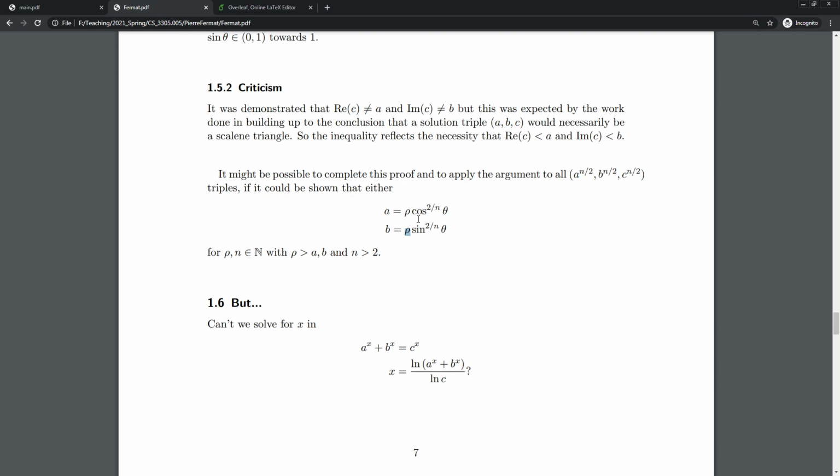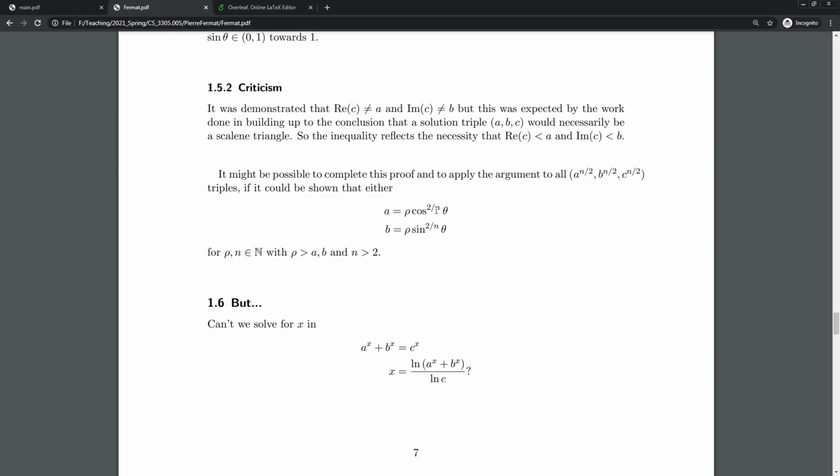And so we know, because the theorem has already been proven, that at least one of these is going to be either a fraction, which does not divide rho, or more than likely an irrational number.